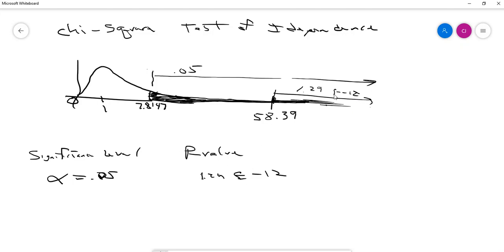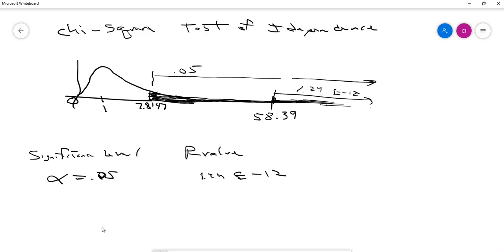So we're saying that the difference that did occur was very unlikely to have occurred by chance. So we're claiming that there is a dependence between the row and column variables, right?